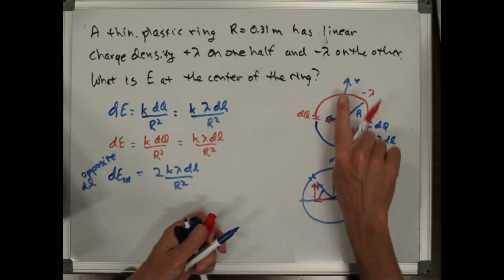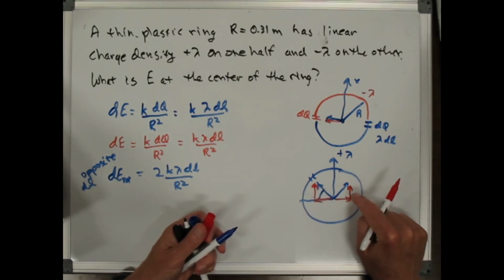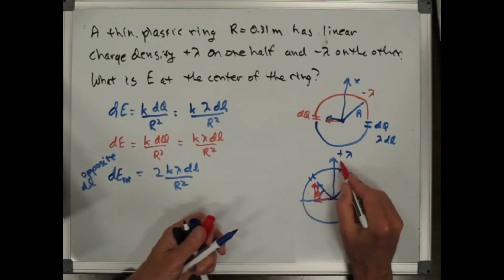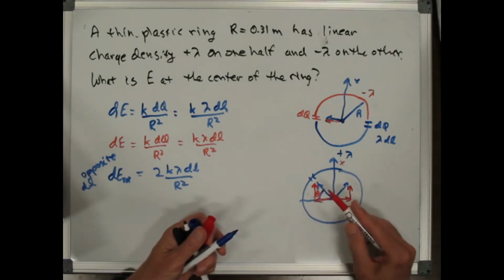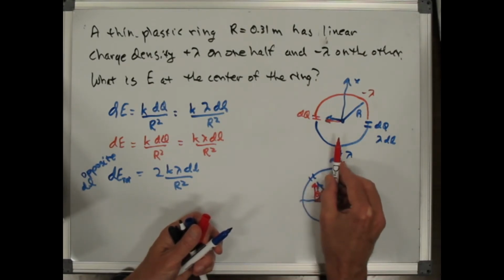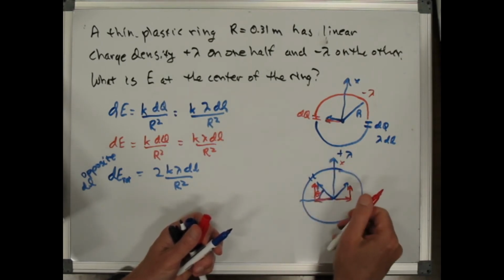So the electric field is going to point in this direction, and its magnitude is the sum of all these pieces as I go around the circle, taking their components along this axis. Furthermore, I can just go from here to here and double it, because the component in this direction on this side is going to be the same.